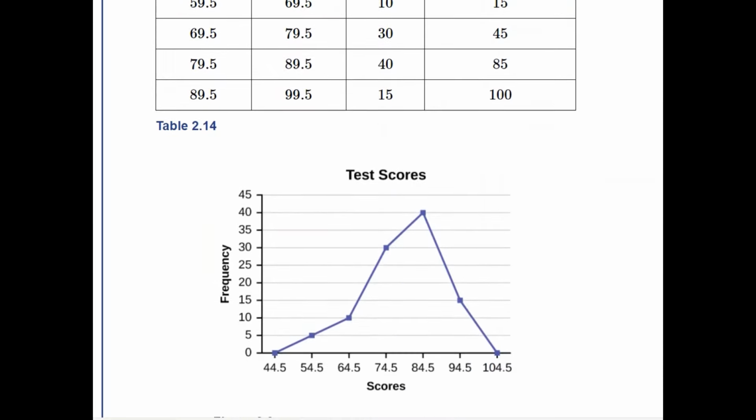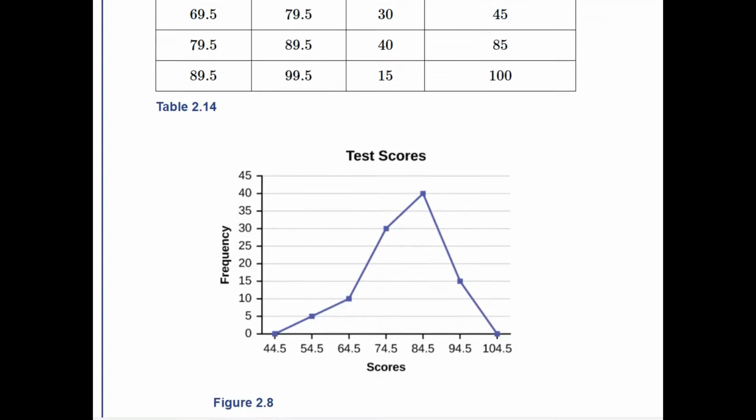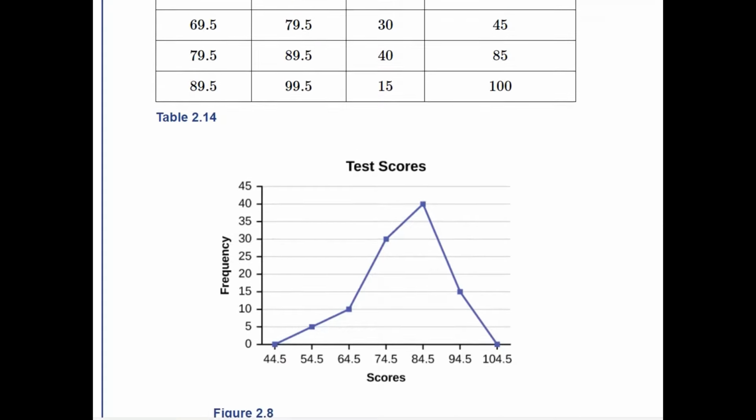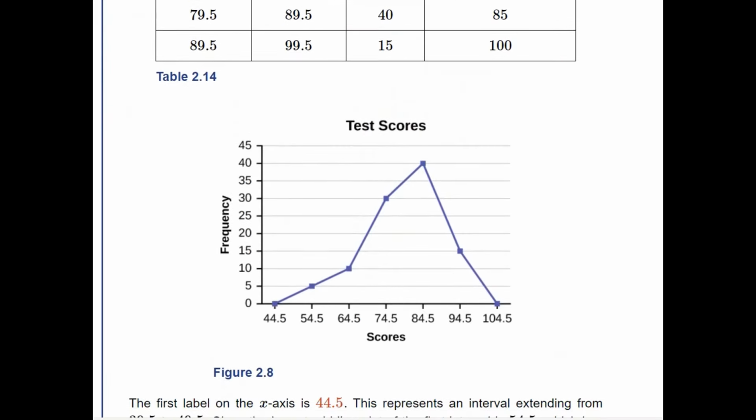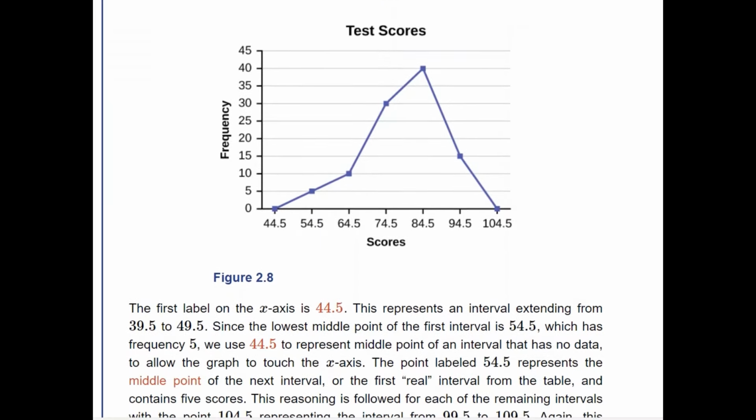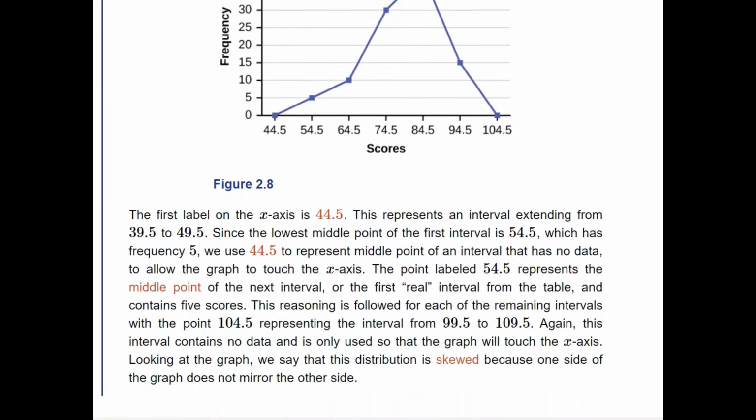And the third point, 64.5, corresponds to 10 in the frequency column, and so on. So when we join all these points, we get this graph that we call the frequency polygon, as it joins all the frequencies.